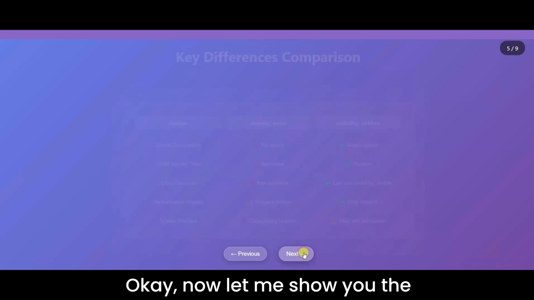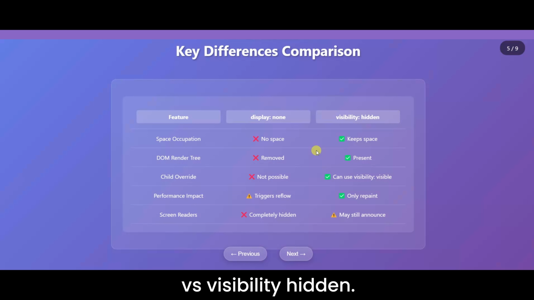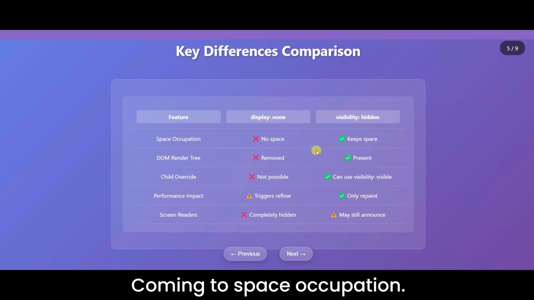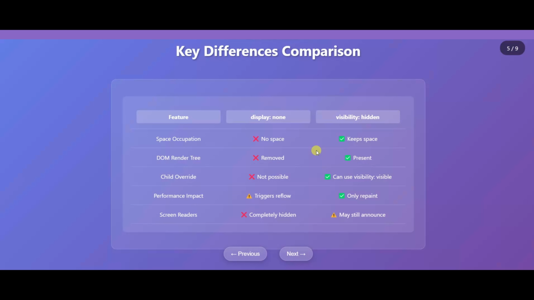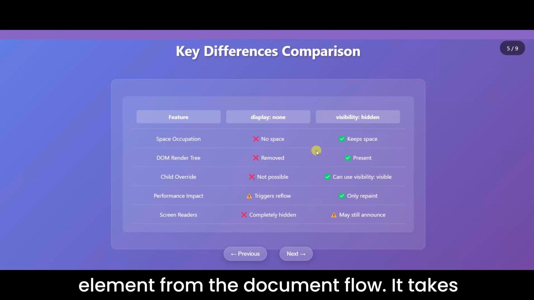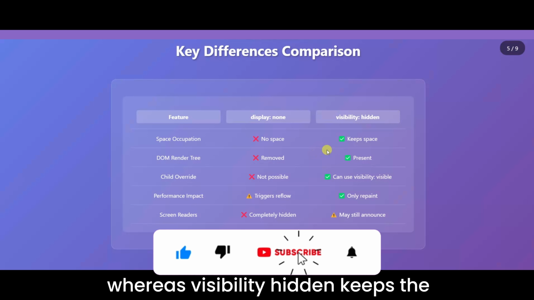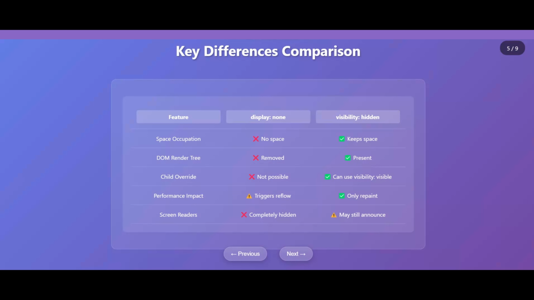Now let me show you the key differences between display none versus visibility hidden. Coming to space occupation, display none completely removes the element from the document flow. It takes up no space. Whereas visibility hidden keeps the element in the document flow.